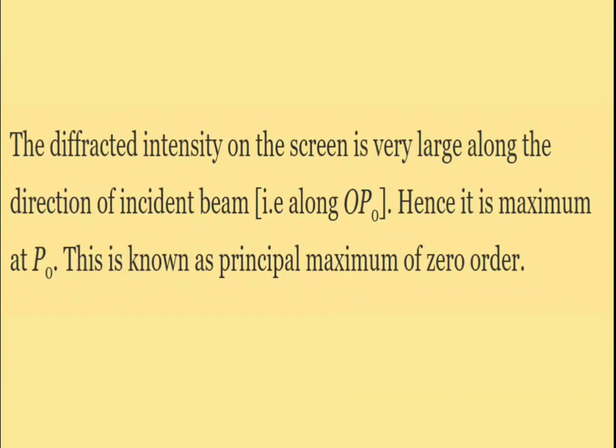The diffracted intensity on the screen is very large along the direction of the incident beam, that is OP0. Hence it is maximum at P0. This is known as the principal maxima of zero order, or the central maxima of zero order.